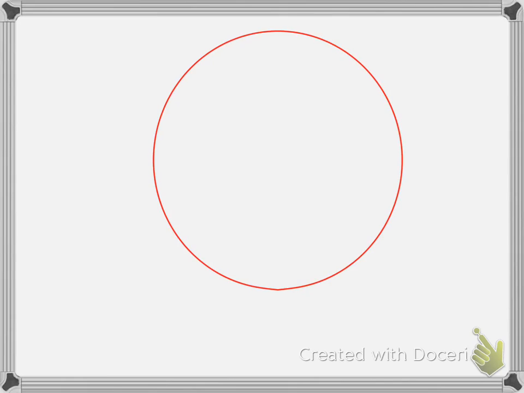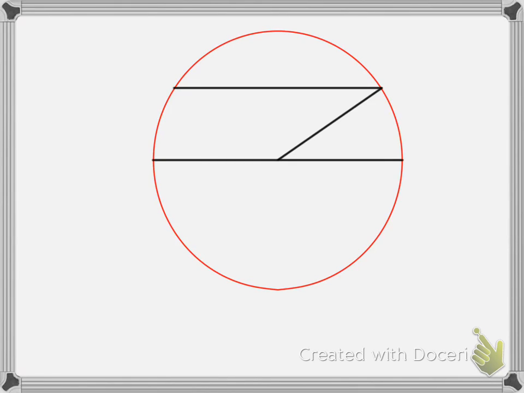So there's my circle. There's a diameter. There's the chord that represents the depth of the water. There is our two radii of the circle.